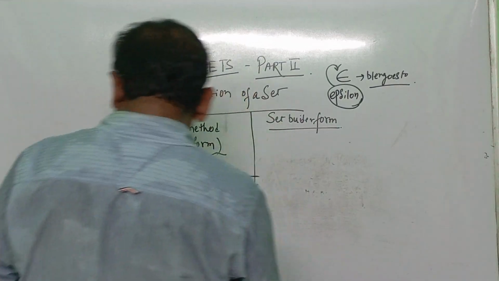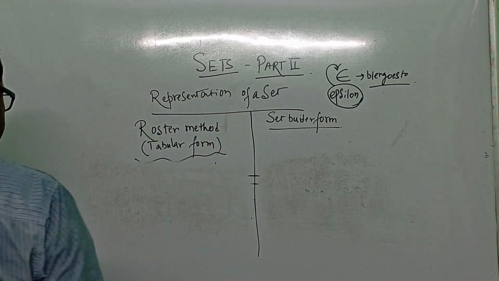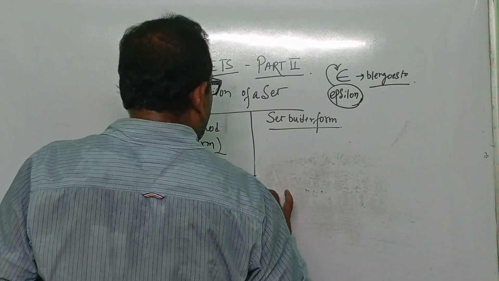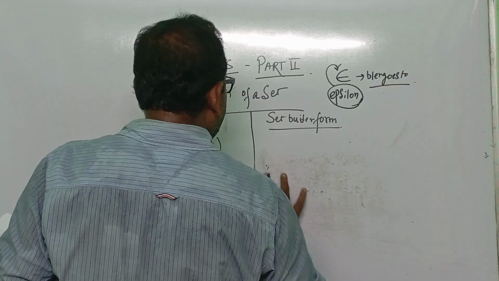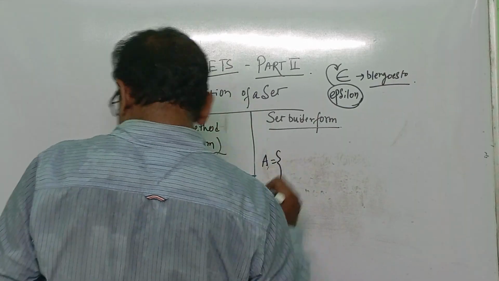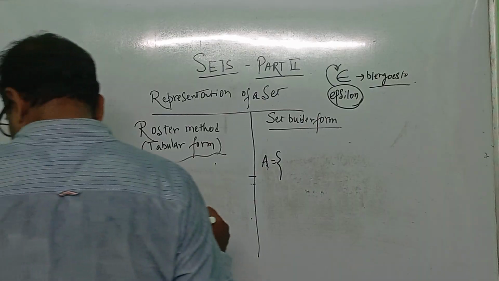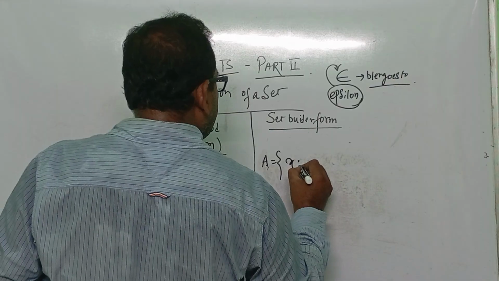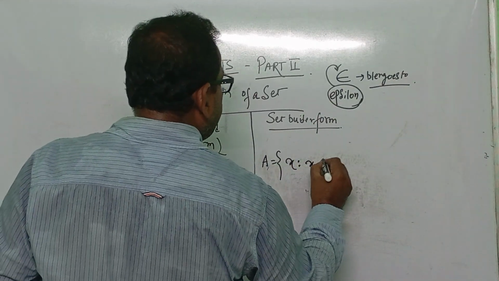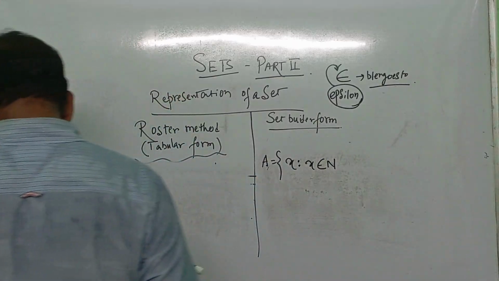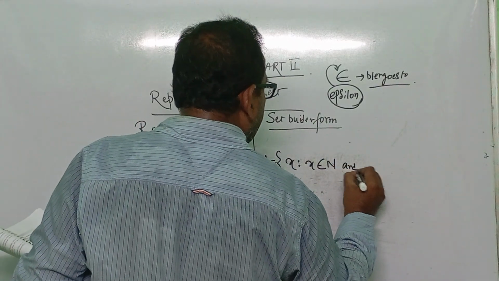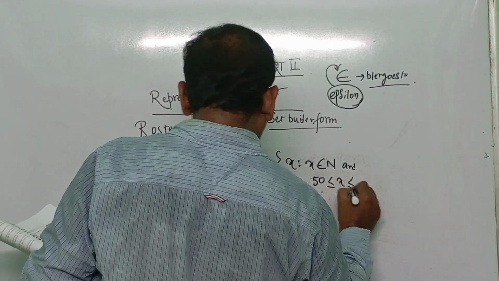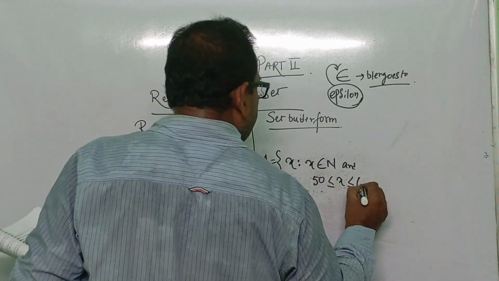Let's say A is the set of x such that x belongs to N and 50 is less than or equal to x, less than or equal to 60.